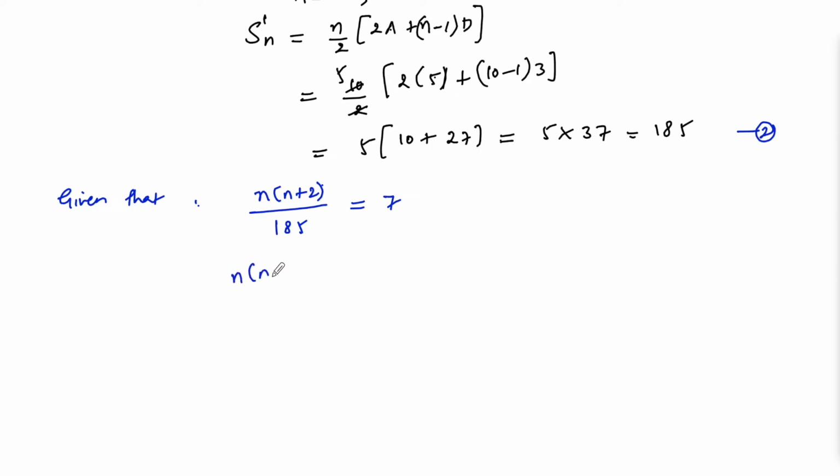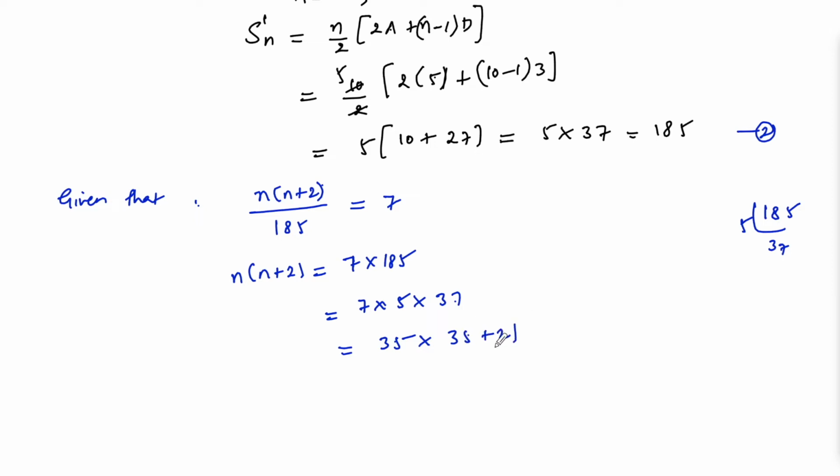Or we can write n into n plus 2 is equal to 7 into 185. Now let us do the factorization of 185: 5 times 37. So we can write 7 into 5 into 37, or 7 times 5 is 35, into 37, and we can write 37 as 35 plus 2.